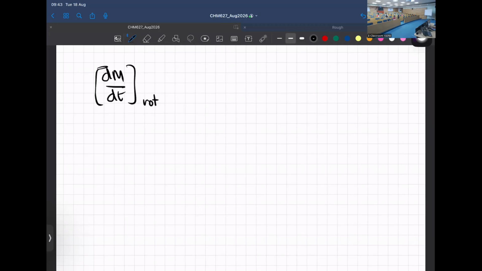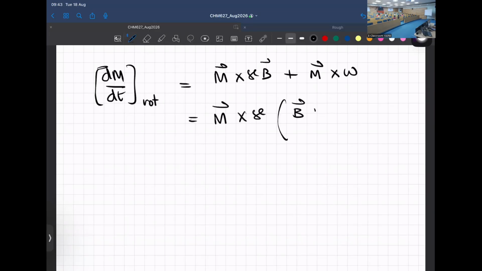So what is going to happen? This is going to be M cross gamma B plus M cross omega, which you can rewrite as M cross gamma times (B plus omega by gamma). So what has happened?